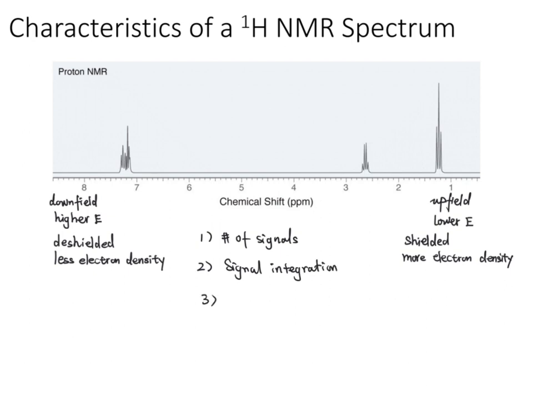The third is where the signal is, the signal location on the spectrum, which we call chemical shift. What you see at the bottom of this spectrum is the chemical shift, in ppm, which is where the signal is located and relates to the energy, and also to the electron density, the electronic environment around this proton. And the last is how the signal looks, the signal shape. We call it splitting pattern.